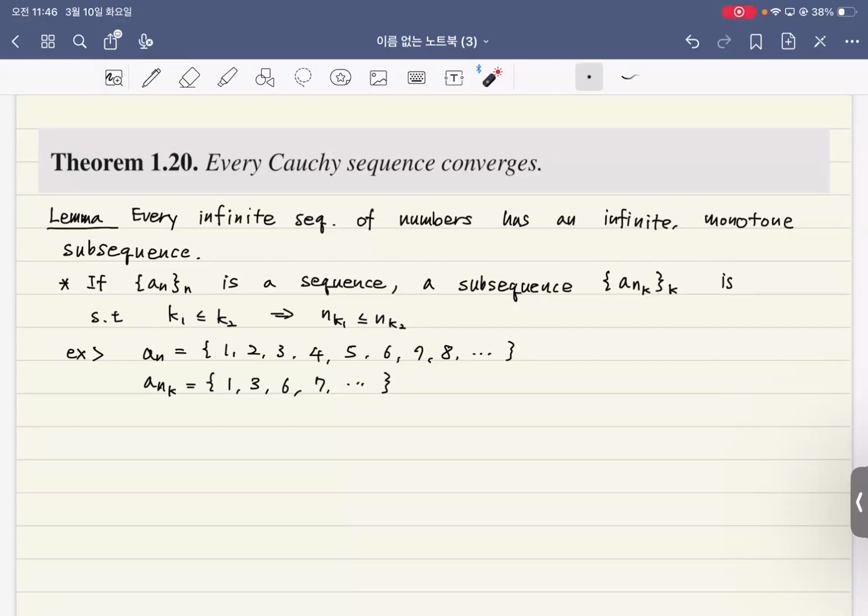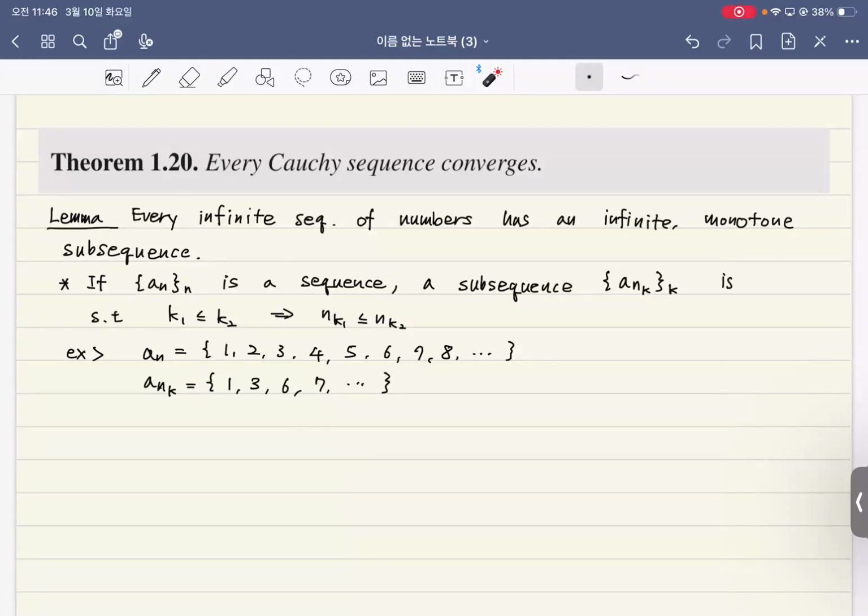But suppose that is not possible. That means at some certain point, you cannot find any number that is greater than this number, right? At some certain point, you cannot find any number which is greater than this one. So your attempt to find an infinite increasing sequence has failed. What now?